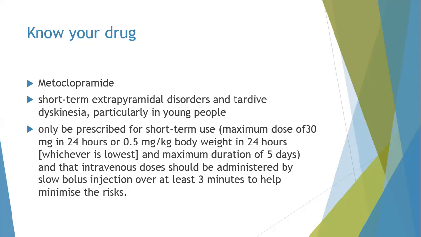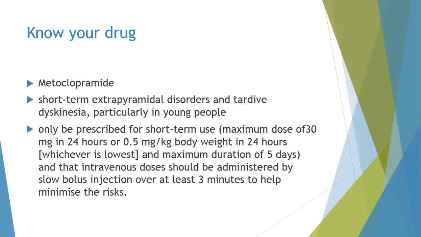This is short-term extrapyramidal disorder and tardive dyskinesia. This is the most common adverse effect, particularly in young people. It should only be prescribed for short-term use. Maximum dose is 30 milligram in 24 hours, or 0.5 milligram per kg body weight in 24 hours, whichever is lowest, and the maximum duration is 5 days.